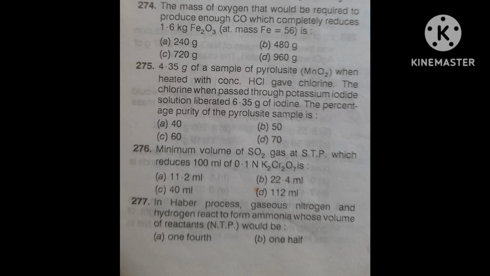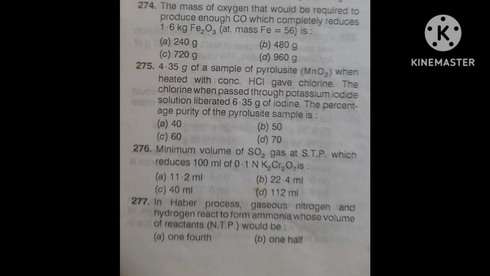So 254 gram iodine you are getting from 87 gram pure MnO2. Then for 6.35 gram iodine, since 254 gram iodine is given by 87 gram pure MnO2.